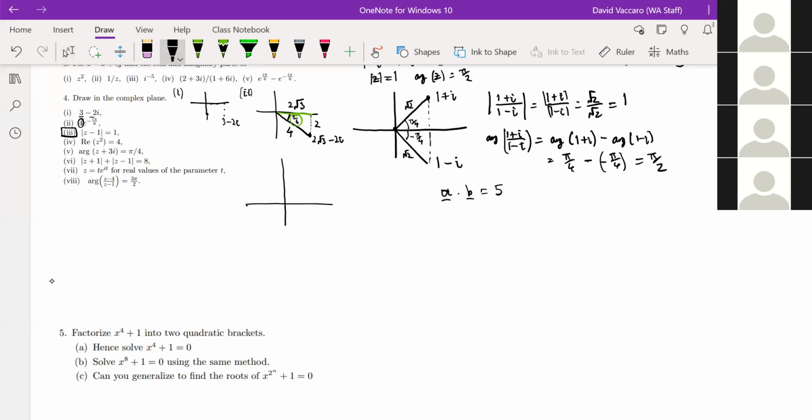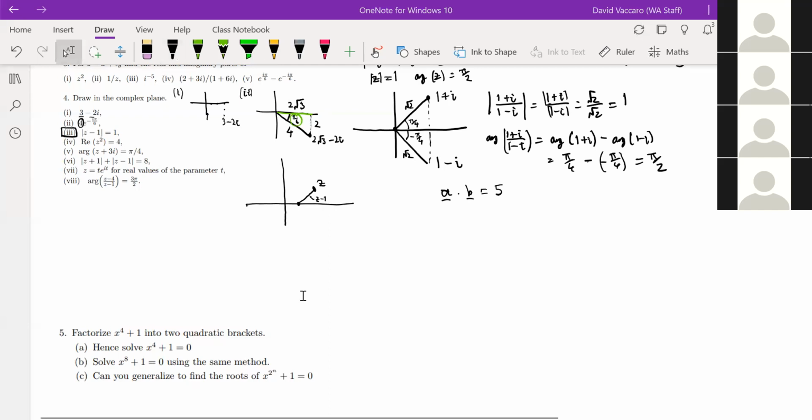So 1 is the real number, the number which lies on the real line. z minus 1 is the difference between z and 1, and we're restricting that the modulus of that is equal to 1. Yeah, so a circle.